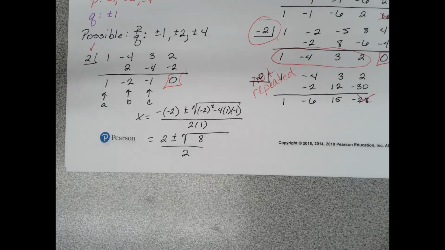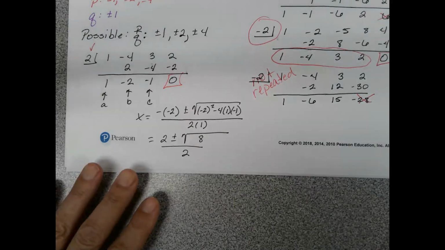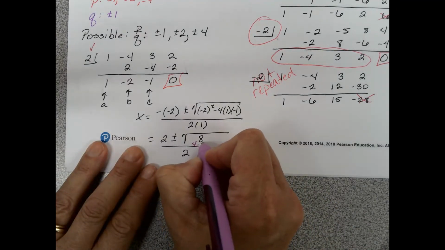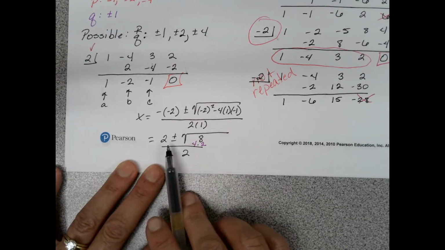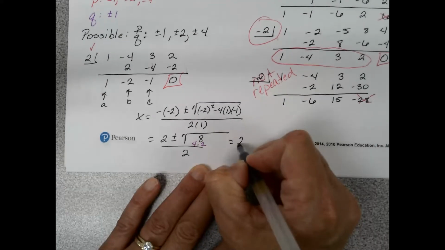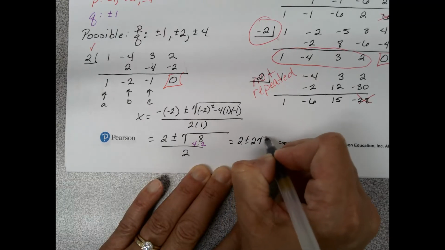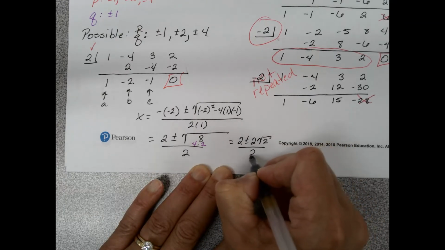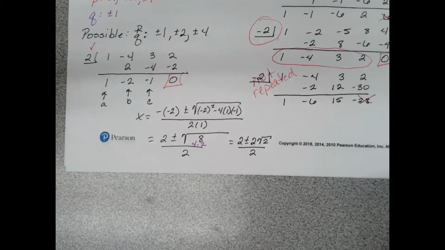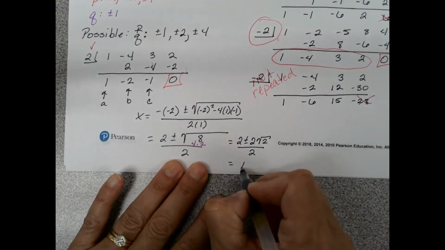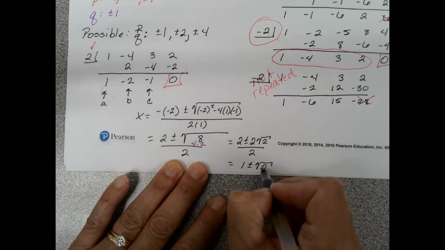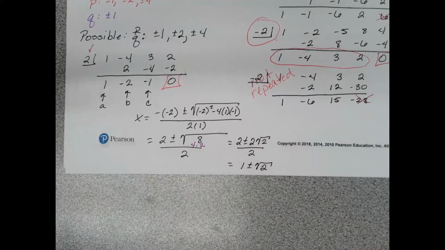Remember that 8 is 4 times 2? So if I take the square root of 4, it's going to give me a 2 out front. So this gives me 2 plus or minus 2 square roots of 2 all over 2. Everything divides by 2 to give me 1 plus or minus the square root of 2. And that gives me my remaining 2 roots.